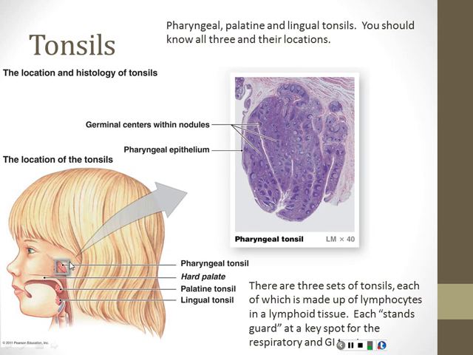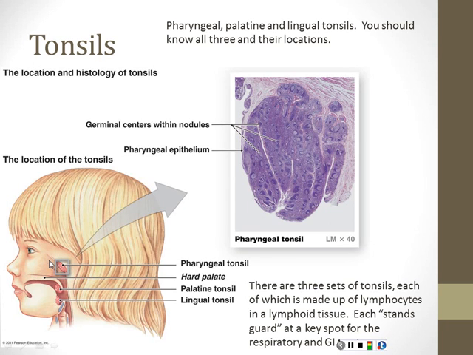The uppermost pair is called the pharyngeal tonsil, or also the adenoids, an old word that people used to use to refer to these. This is immune system tissue that sits at the back of the nasal cavity. So the nasal cavity is here, and the pharyngeal tonsil.